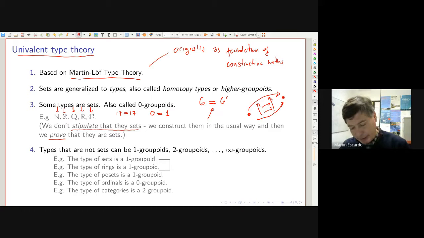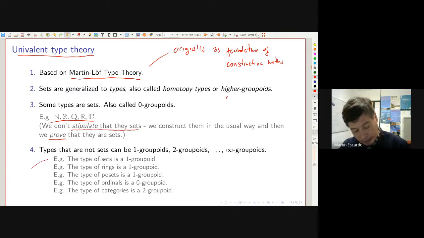I'm going to do examples which are simpler, like these ones and the sets. So for example, the type of sets is a 1-groupoid, the type of rings and posets is a 1-groupoid. You may be a little bit surprised that the type of well-ordered sets, which has the same pattern as this, actually turns out to be a 0-groupoid, or actually a set.